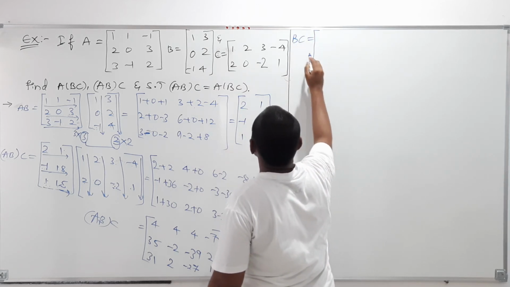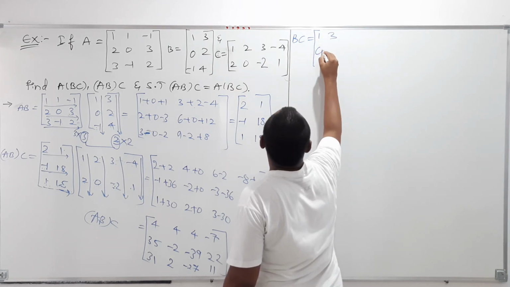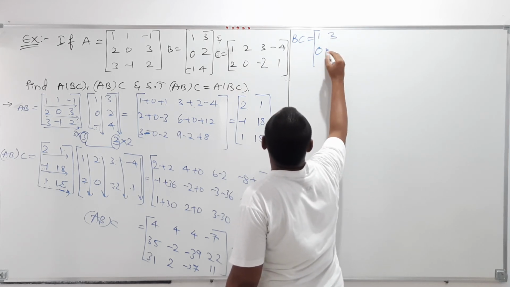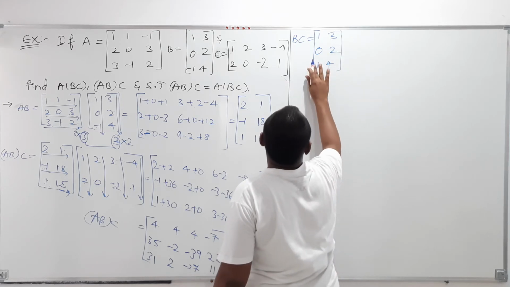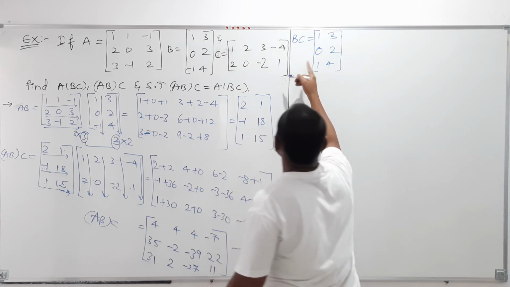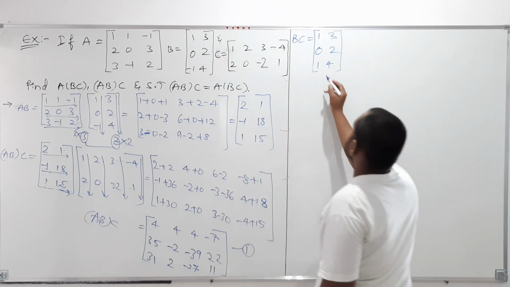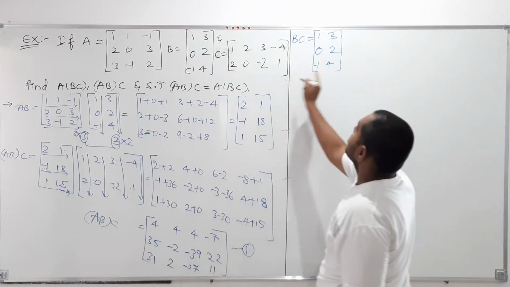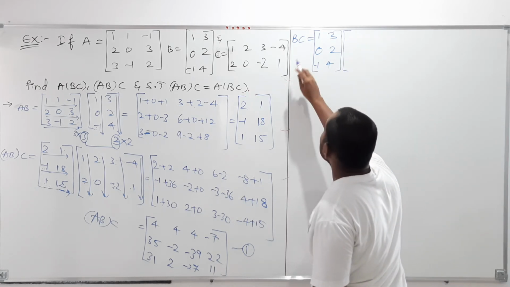So what is B? B is 1, 3, 0, 2, 1, 4. This is your B value. 1, 3, 0, 2, it's minus 1, minus 1, 4. B into C. So what is the C value?